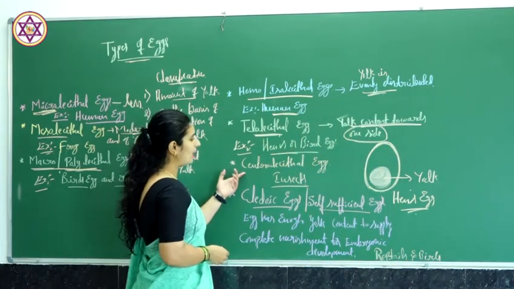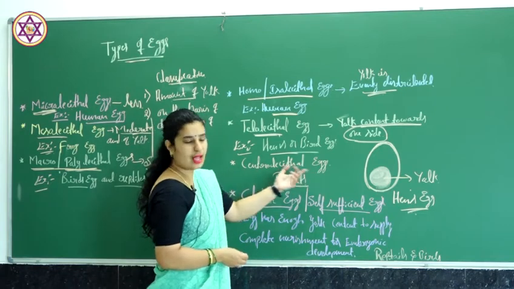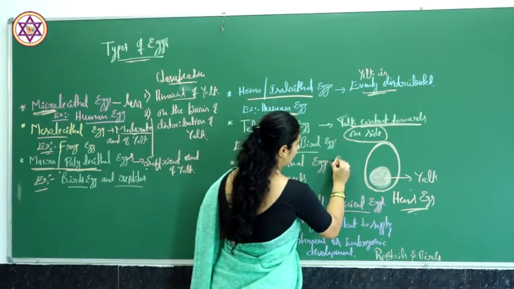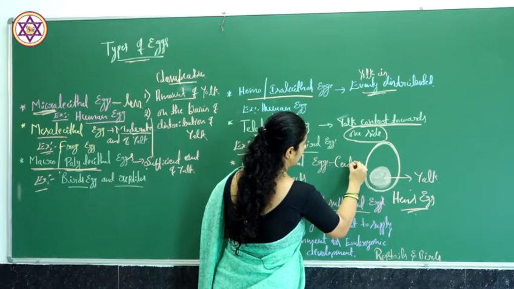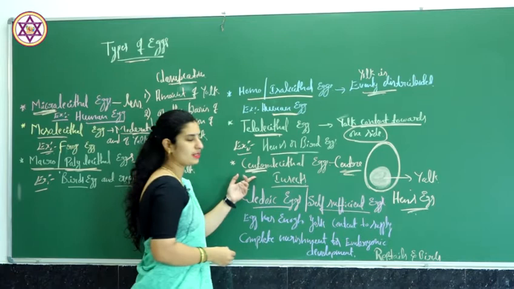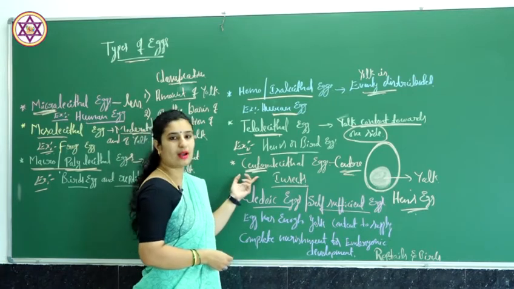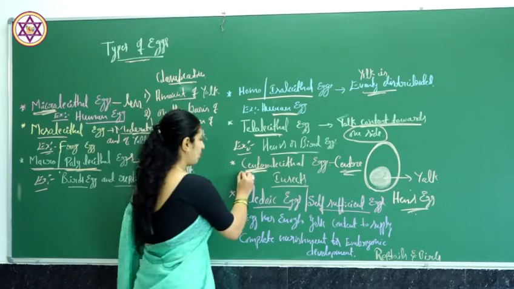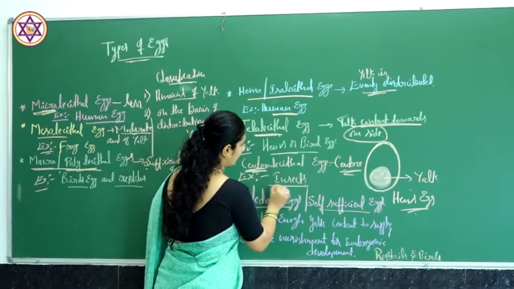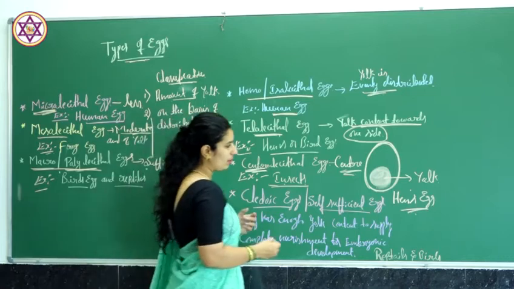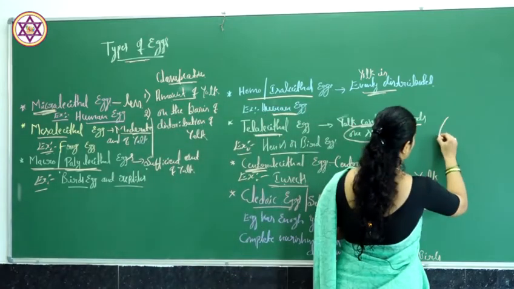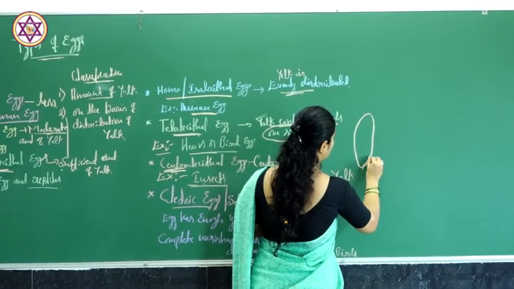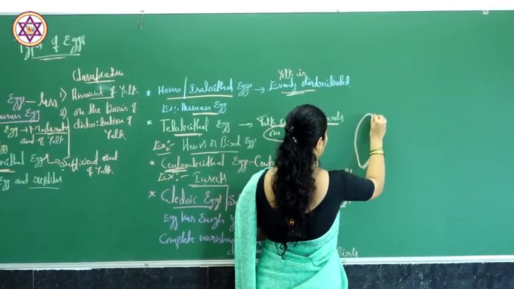Then the last one is centrolecithal egg. As the name says, the yolk is present at the center. When yolk is present at the center, it is called a centrolecithal egg. For this we can give the example of an insect egg. Let me draw the diagram over here. Consider this is an insect egg.